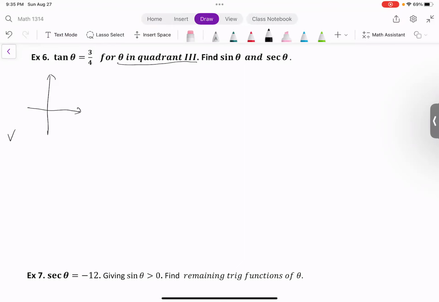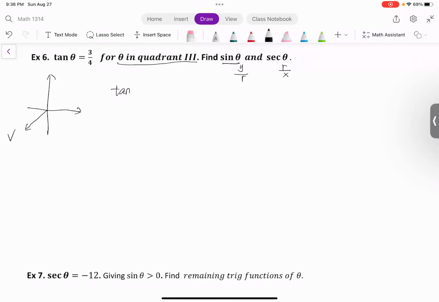And tangent is given. Tangent equals 3 over 4. Find sine theta and secant theta. All right, I know that sine equals y over r. And secant is the reciprocal of cosine, so that is r over x. Let's find the x, y, and r.